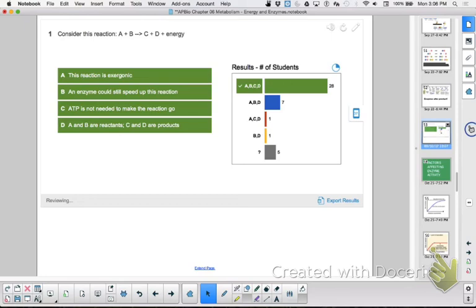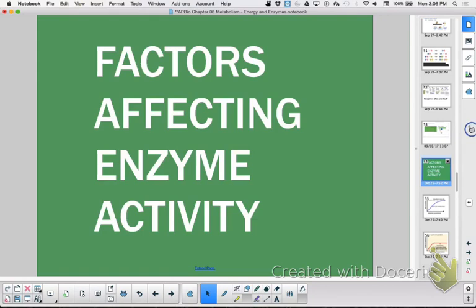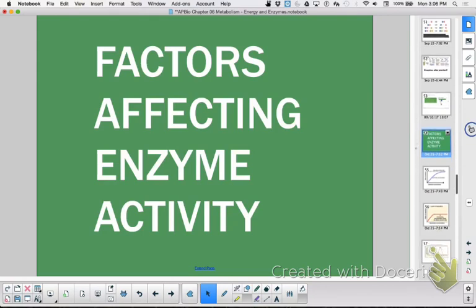Yes. So then we said, what are all the factors that can affect enzyme activity? See if you can think of a bunch of factors in your head right now. Give me one. pH, temperature, substrate concentration, enzyme concentration, cofactors, coenzymes.